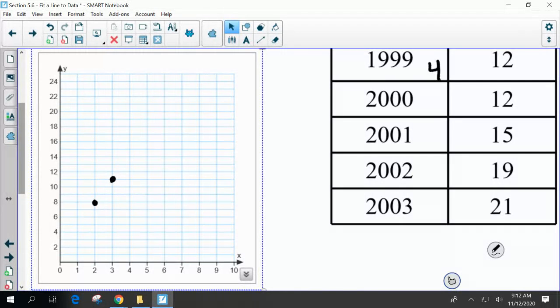And then this would be 4, 5. Okay, so it looks pretty linear. They are pretty close together, or at least my graph paper is. So I'm going to draw my line of best fit and try to solve it from there.